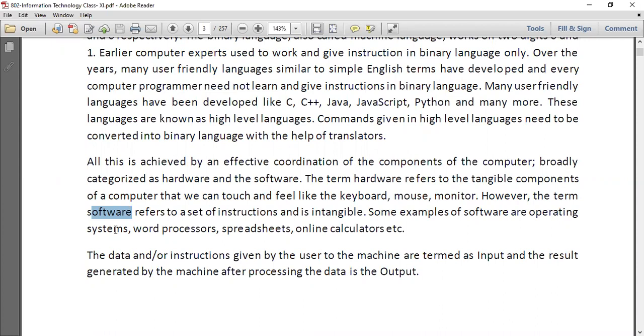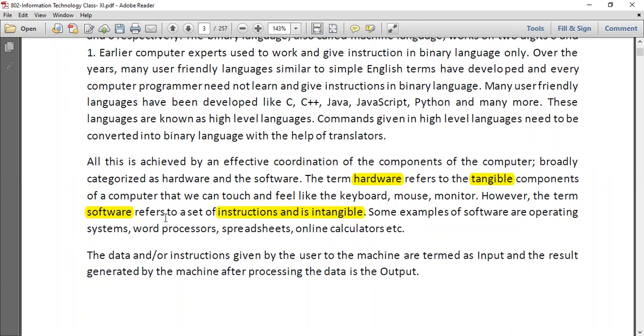Software क्या है? Softwares are set of instructions, right? And they are intangible. Intangible means you cannot touch them, right? अगर आपको एग्जाम में प्रश्न आता है what are software, तो हम लोग जनरली गलती करते हैं, हम लिखते हैं software is a thing which we cannot touch, इतना लिख के छोड़ दिया। That is not the correct answer. हमें ये बताना पड़ेगा कि सॉफ्टवेयर एक्चुअली होता क्या है.